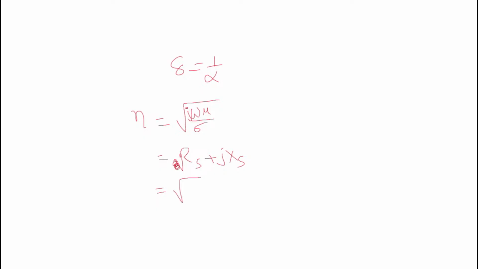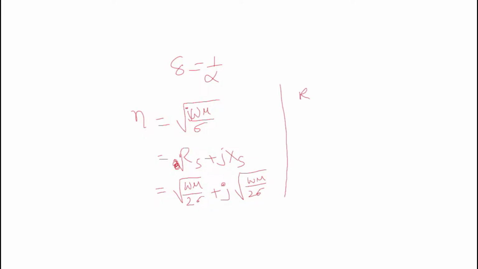Under root omega mu by 2 sigma plus J. Here I am writing correctly. In the previous one I wrote this inside the root, but the J is outside of the root of omega mu by 2 sigma. Now I have RS.